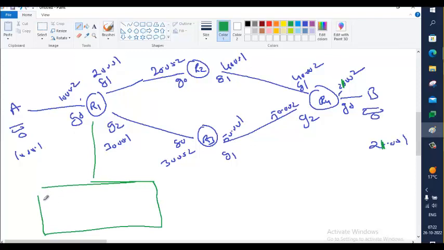I'm asking Sasikala because I answered her question and I want to check whether she understood. What are the three networks that we will have in the R1 routing table?